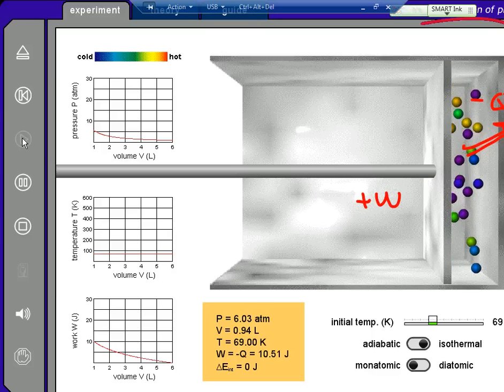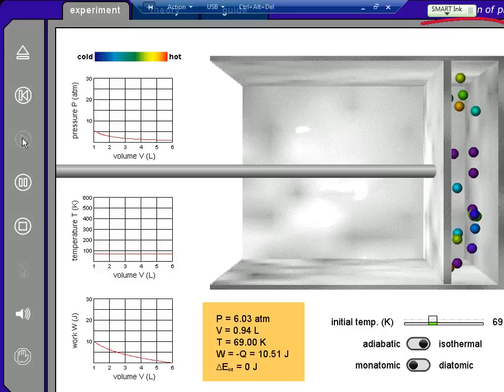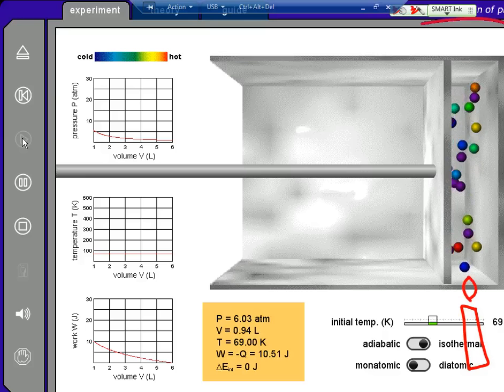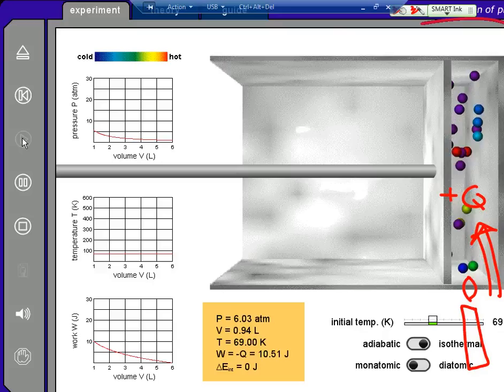Or vice versa, if I were to put this situation into reverse, unfortunately this demonstration does not do that, but if I were to put a candle underneath the situation, and I would be adding in heat. Now in this case, under an isothermal situation, if I'm adding in heat and the temperature is still not changing, where does that energy go?